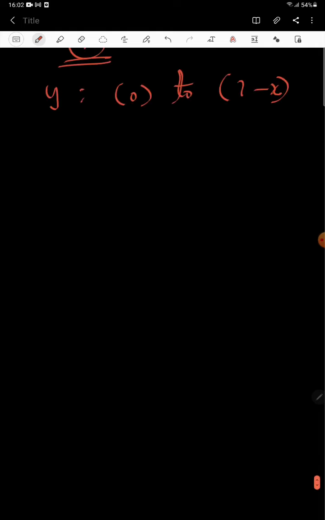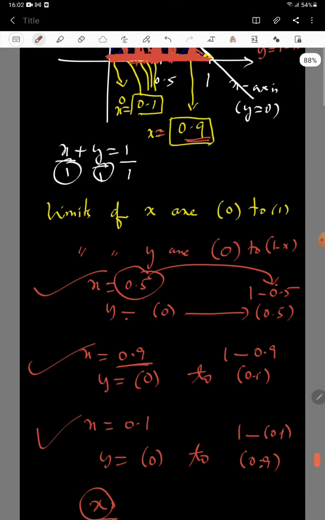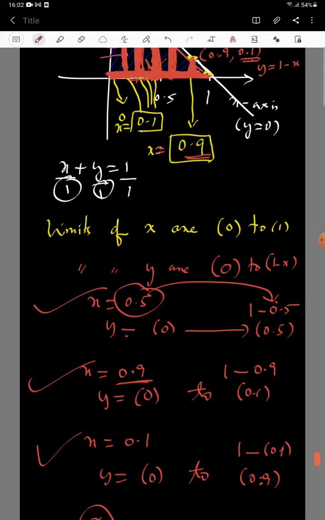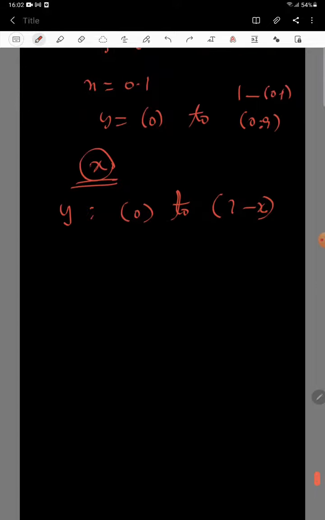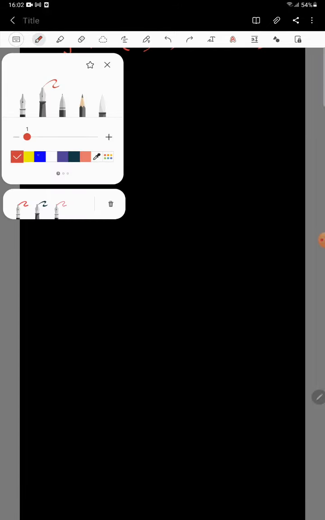So now let me not write all this. These details are for you to understand. So simply, what we do is, let it be there. So the limits of the region, I'll write it directly now.